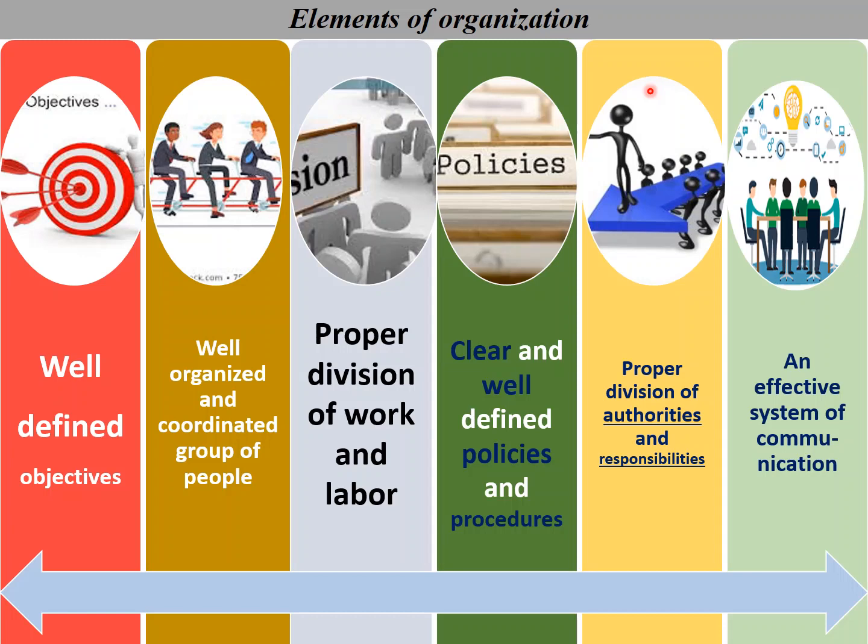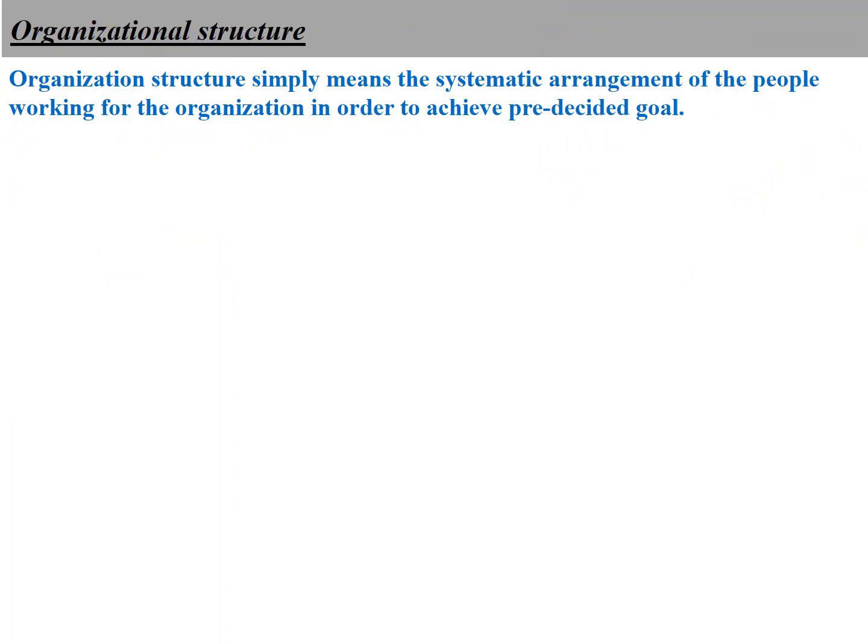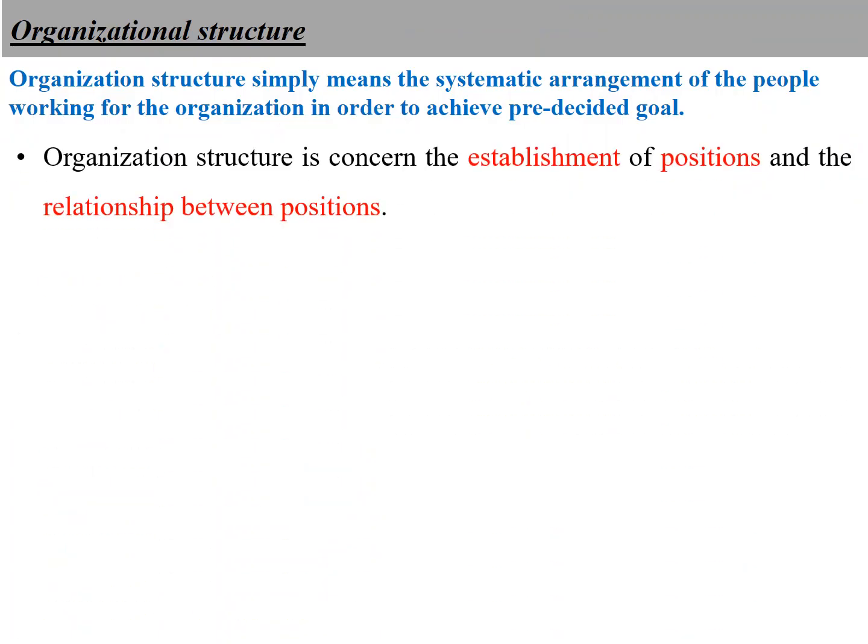It must be clear to you. When all the elements work, then we can ultimately achieve the objectives or goals of the organization. So organization structure simply means the systematic arrangement of people working for the organization in order to achieve predetermined goals.